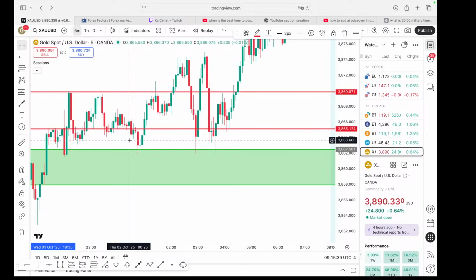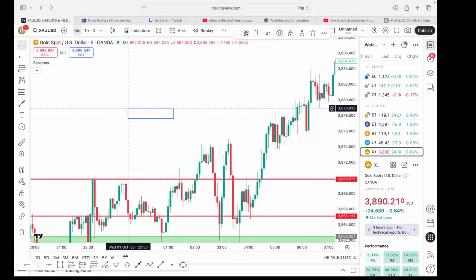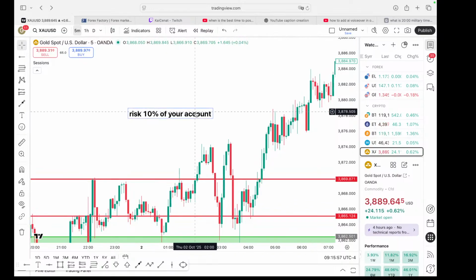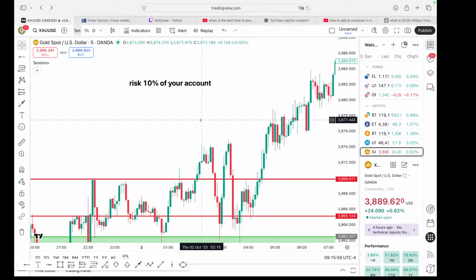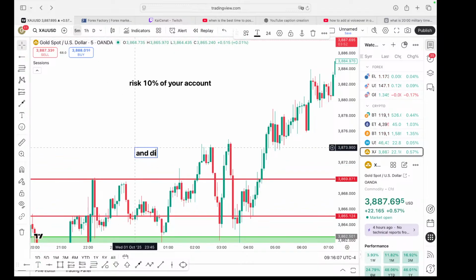My personal recommendation is to risk, I'm going to write this down, risk 10% of your account and divide that into 2 trades.